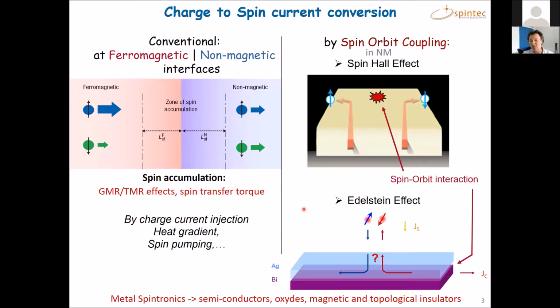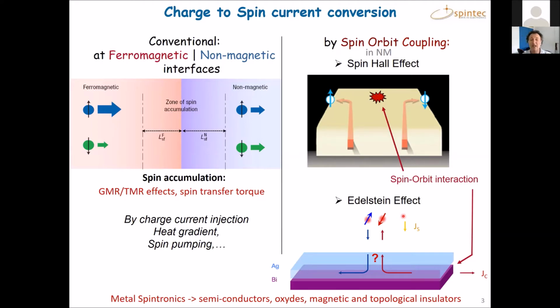In the case of spin-orbit coupling, for example the spin Hall effect, we convert a charge current into a transverse spin current. In this case, the current can flow along the interface, not necessarily across the interface. This is the same in the Edelstein effect that will develop at the interface between non-magnetic materials through the Rashba effect.